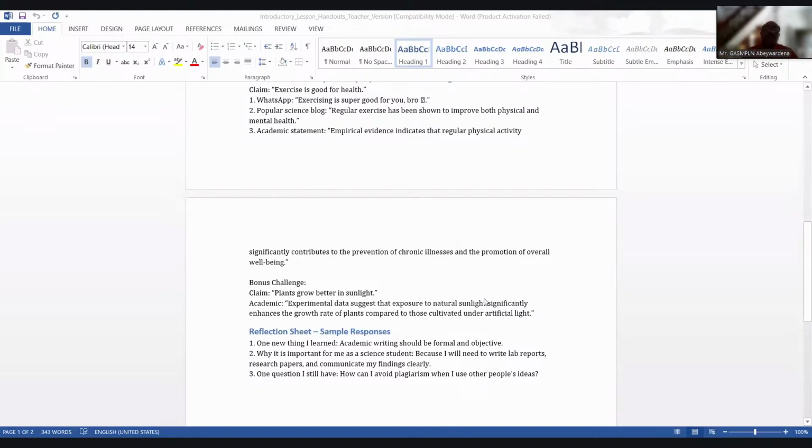First one: exercising is super good for you, bro. Can you see? Casual language. Did you understand? Science blog: regular exercise has been shown to improve both physical and mental health.